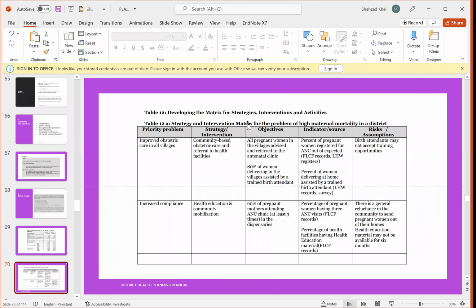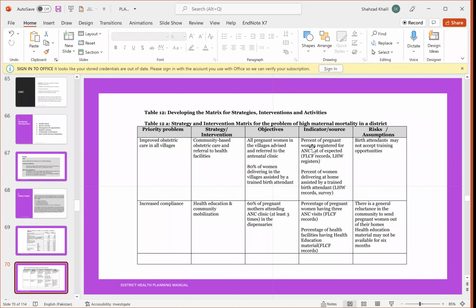Again, developing the matrix of strategies and interventions for the problem of high maternal mortality. In this, the priority problem is to improve obstetric care in villages and increase compliance, with the strategy of community-based obstetric care and referral to health facilities. The objective is that all pregnant women in villages are advised to refer to the antenatal clinic, and 80% of women delivering in villages are assisted by TBAs.